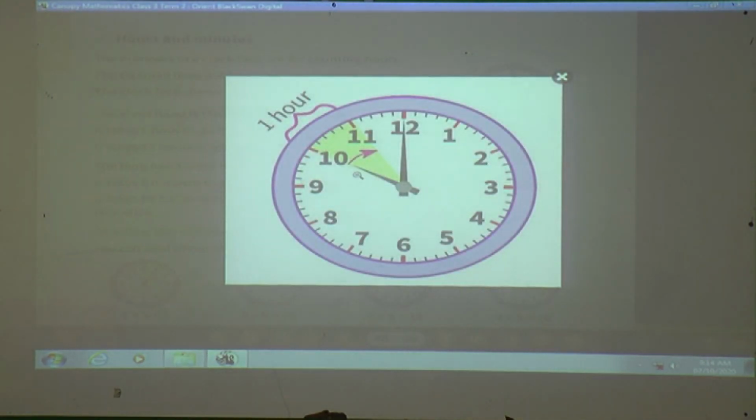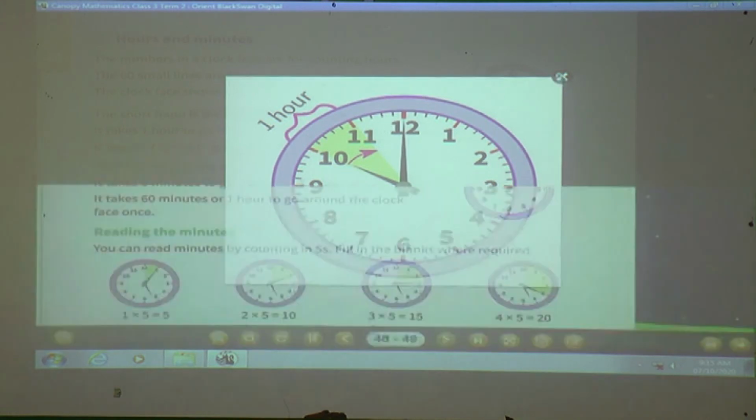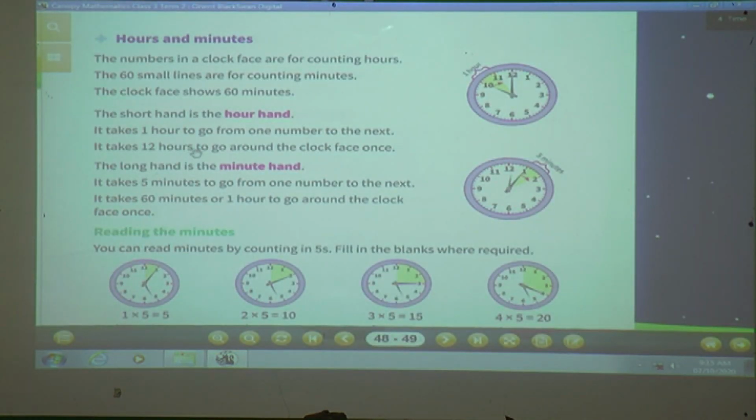It takes 12 hours to complete one rotation, and after 12 hours it will come again to 10 o'clock.